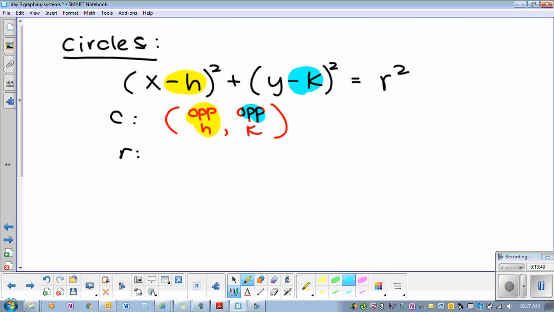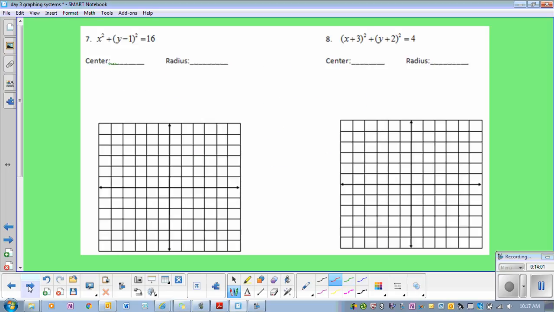Give me the opposite, and that gives me the y number for the center, okay? And then the radius, you have to square root the r squared. Whatever number that is equal to, you're going to square root it, okay? So let's try an example here.